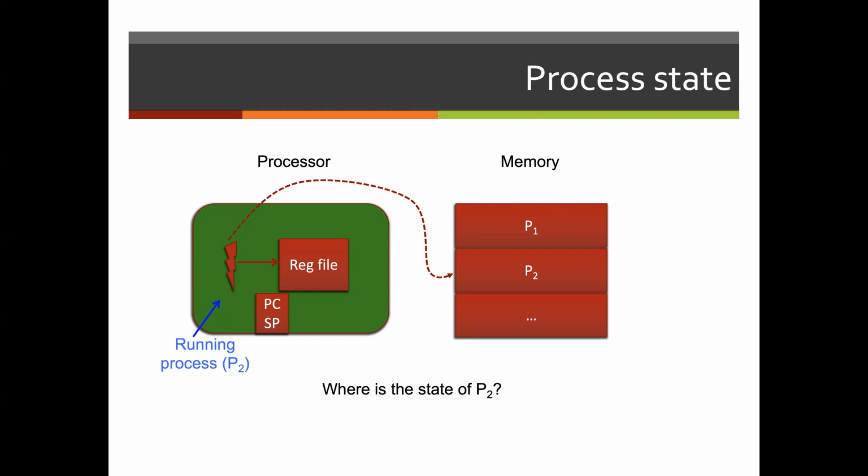So this also requires us to keep track of other components, what registers are needed, what is the status of the program counter, and what is the status of the stack pointer. And so overall, it's just what is the state of the process being executed. And in this case, it is P2 that is being executed from memory.